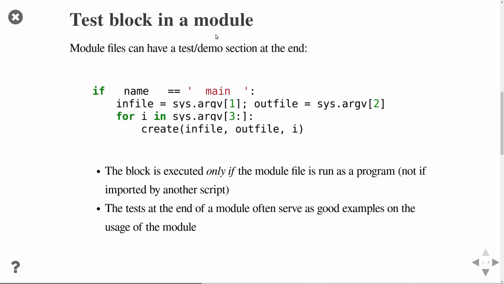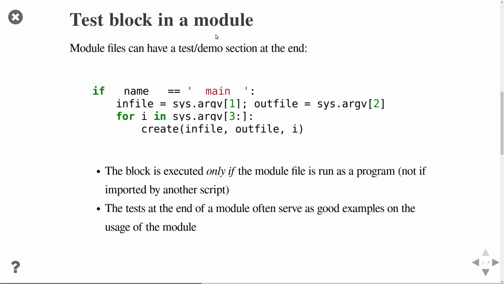One thing that's really useful: let's say you created a module and you have 10 different functions implemented. Sometimes it's useful to be able to just write python and then the module name, and it should run some tests on these functions, or some use cases that demonstrate how to use the functions in the module.